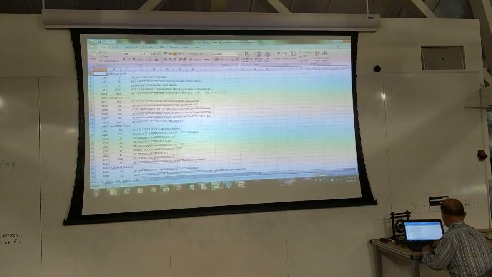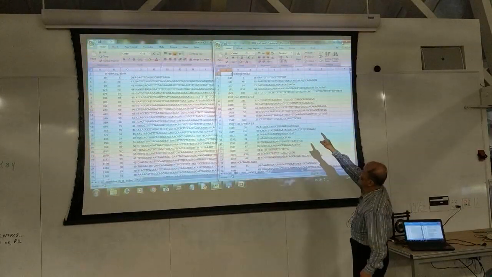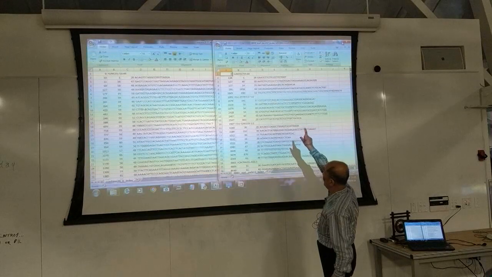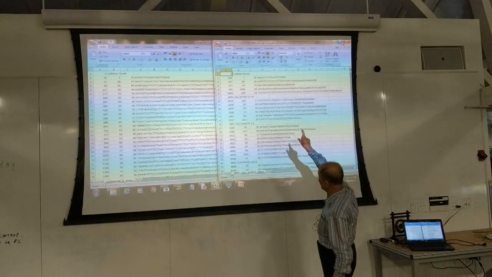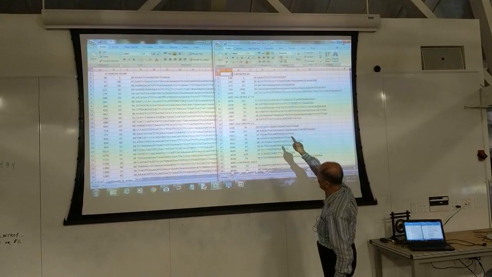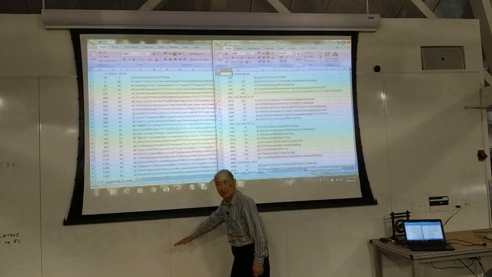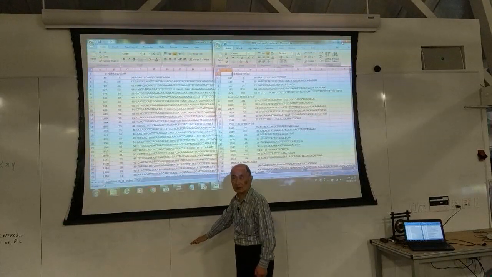This is only the first 10 million base chunk, and I got only 5. But when I analyze the whole thing, I got a whole bunch of these 58 base pair patterns. So I think these are real.